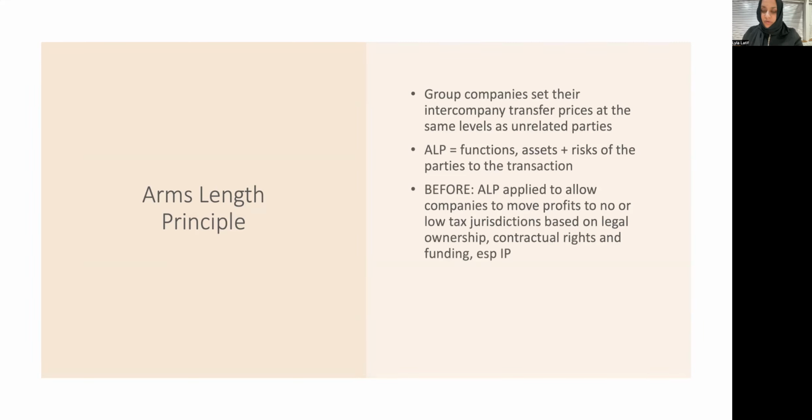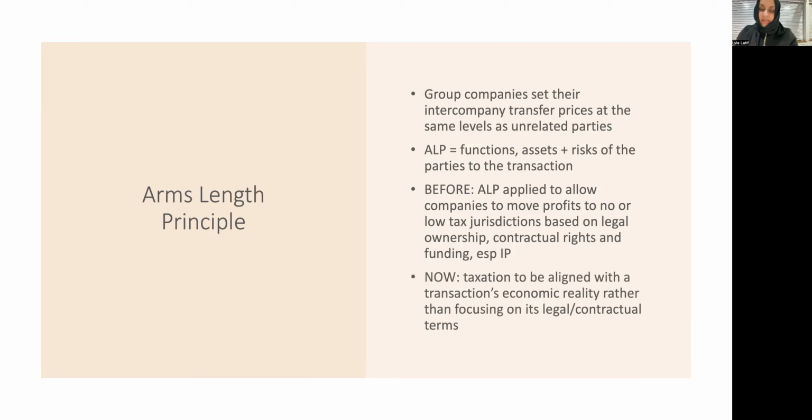Before the OECD initiated its action plan on base erosion and profit shifting, many countries were concerned that companies were able to apply the arm's length principle in a way that allowed them to move profits to no or low tax jurisdictions, based largely on legal ownership, contractual rights, and funding, particularly for intangible property.